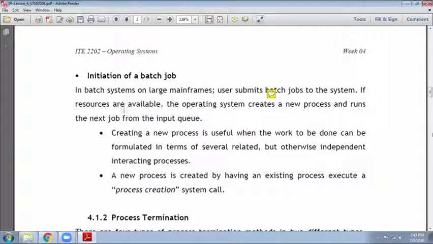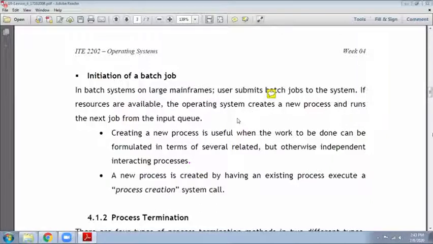So if resources are available, the operating system creates a new process and runs the next job from the input queue. So it's a kind of automatic process. Banks and huge companies, mainframes will insert thousands of jobs.